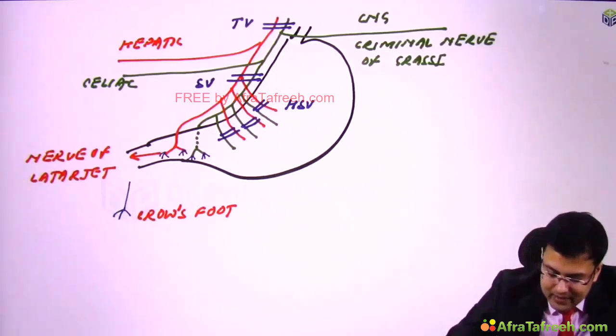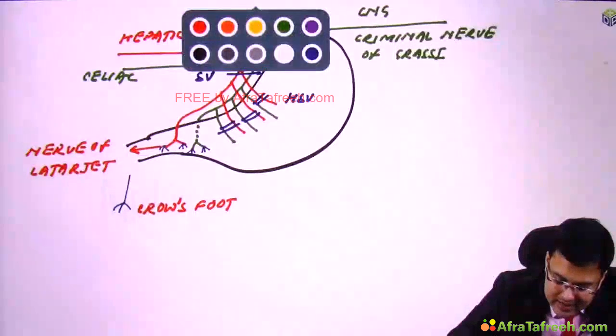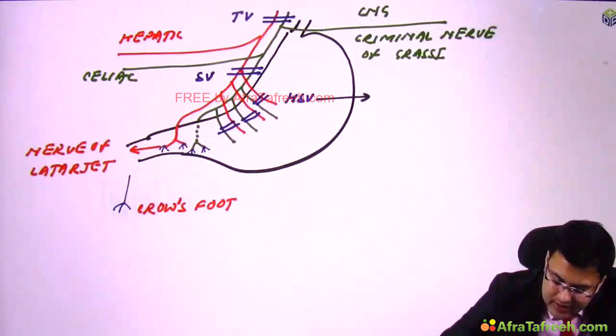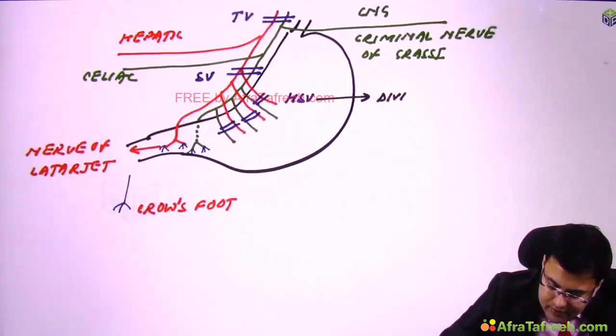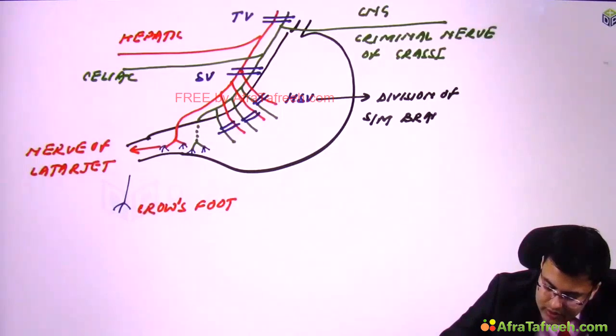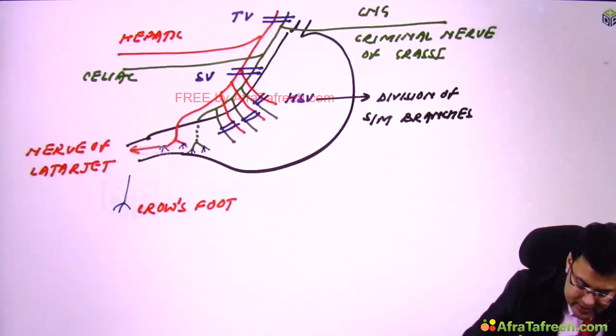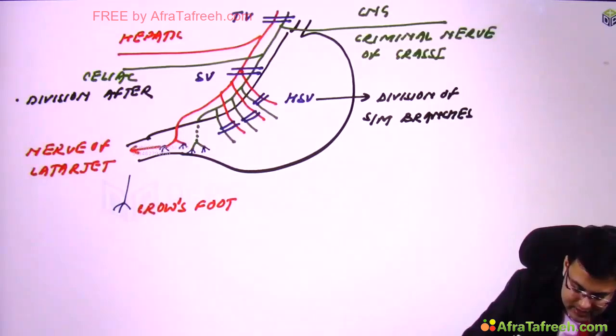I'm repeating. In highly selective vagotomy, there is division of seromuscular branches. Selective vagotomy is the division after celiac and hepatic branch.